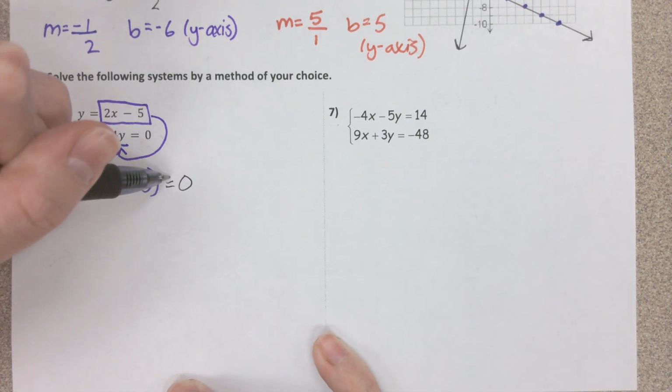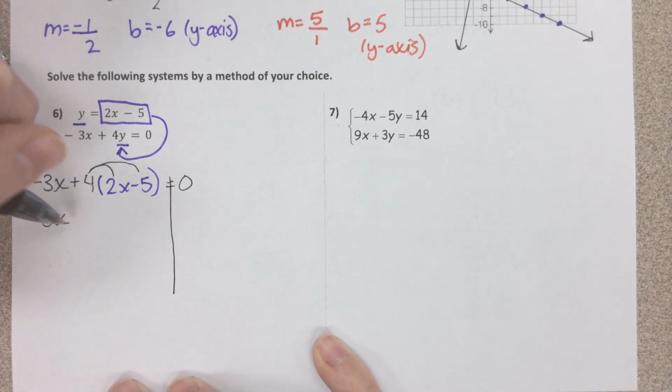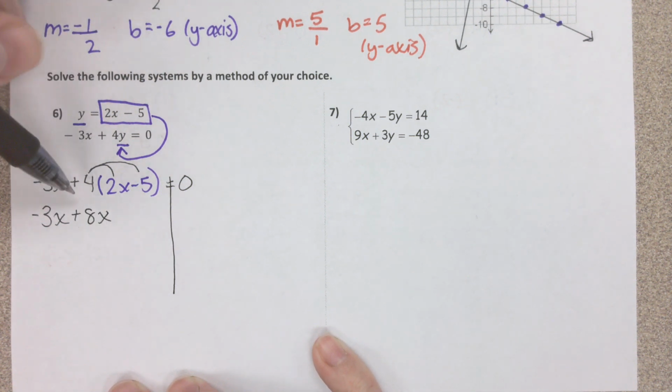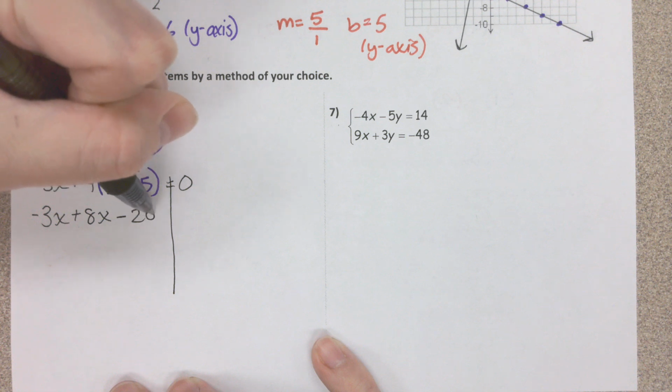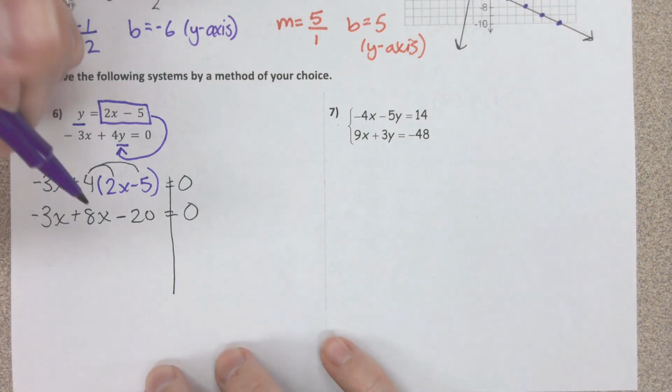All right, from here, we're going to solve. I'm going to go ahead and distribute the 4 inside of here. So we have negative 3x. 4 times 2x, that's a plus 8x. 4 times negative 5, that's a minus 20, equals 0. I have some like terms to combine.